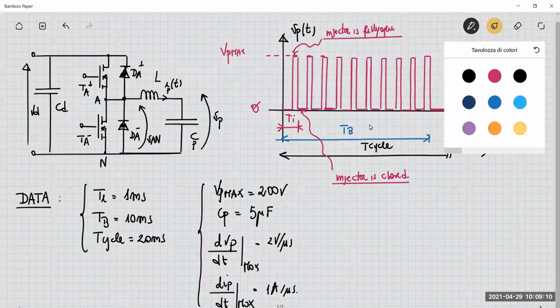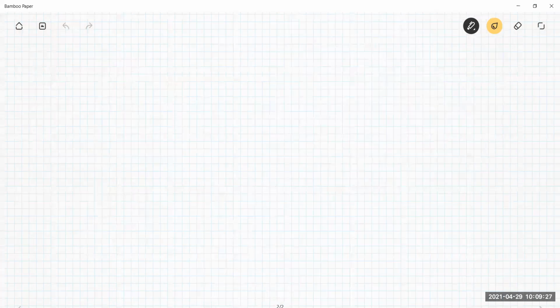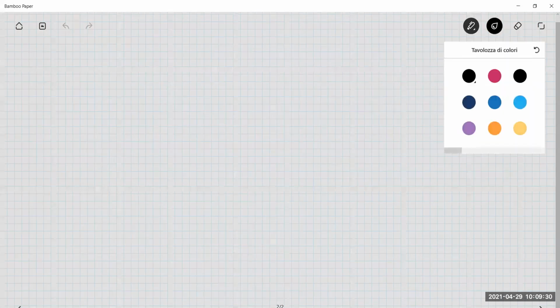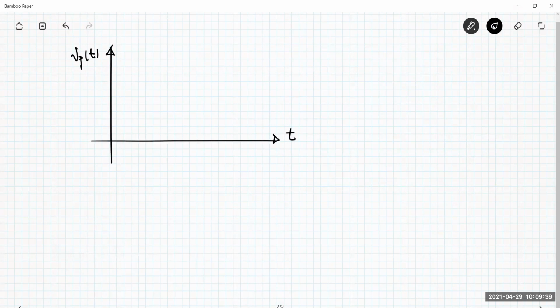Okay, so these are our data. The first thing that we have to consider is the TI pulse. So let me just consider this pulse here in the next page. Vp, let me put here TI, so TI is 1 millisecond.